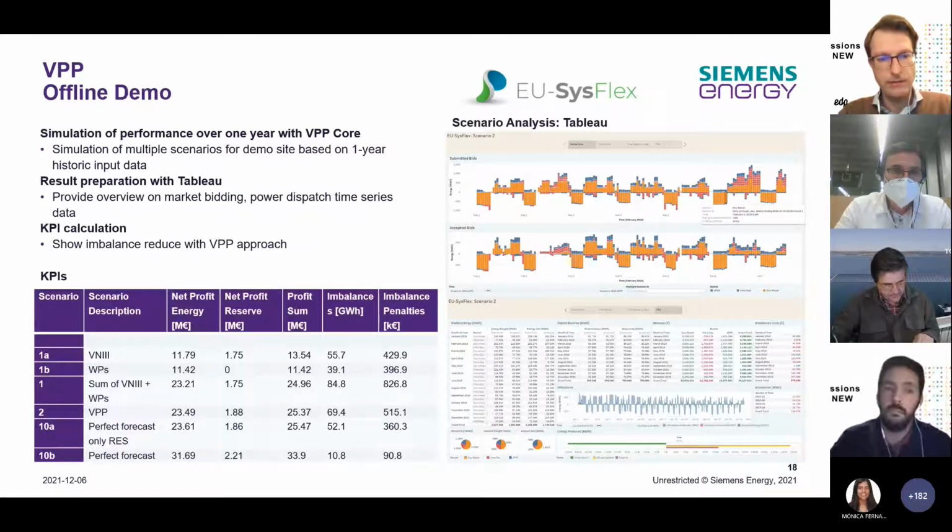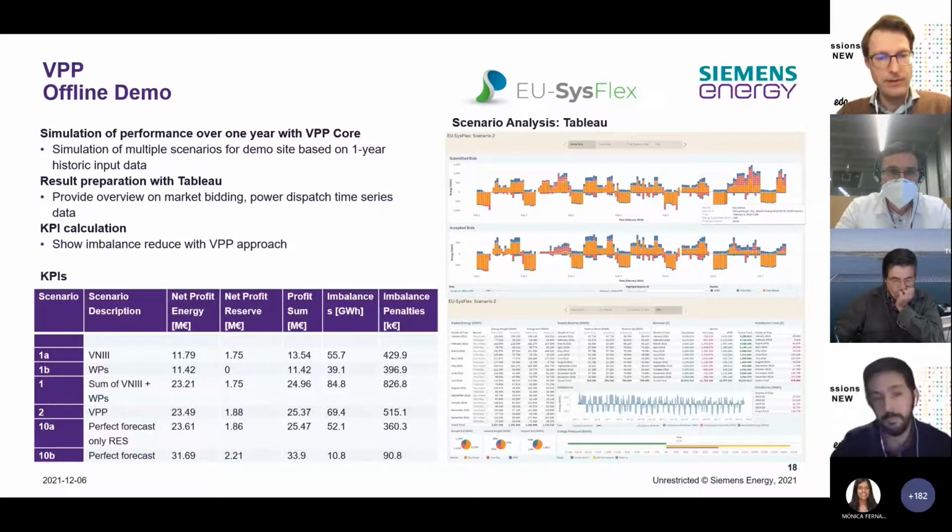I'm just going to explain maybe 3 of them, which are also shown in the table on the lower left part. You don't need to pay too much attention to the actual numbers there. It was to give us an indication of the potential in terms of revenue and in terms of imbalances that we see with different approaches.